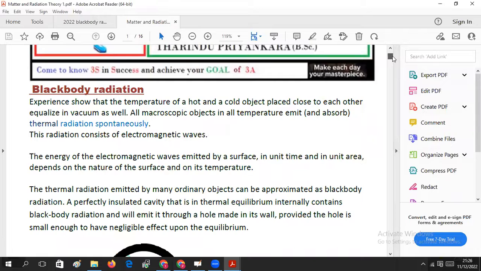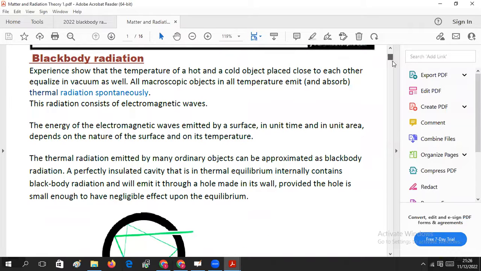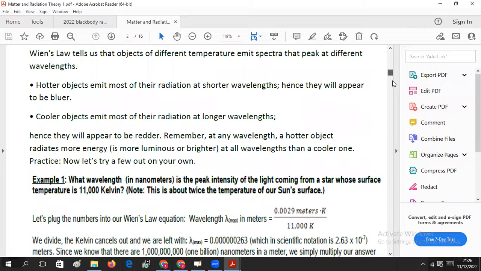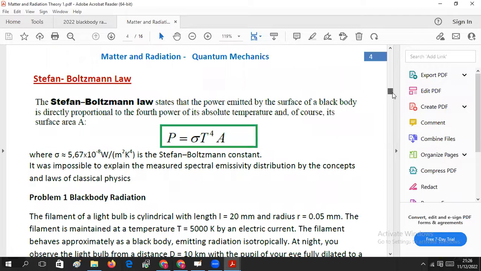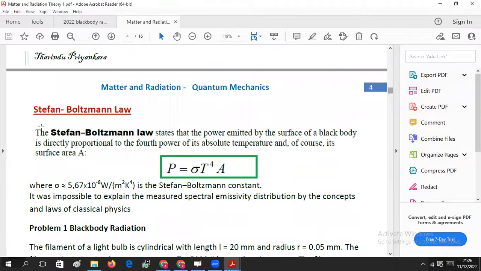So I have given all the basic theory like blackbody radiation now. In the sense of Stefan's law, I have given you the Stefan-Boltzmann law here, explained really with all the points you want.